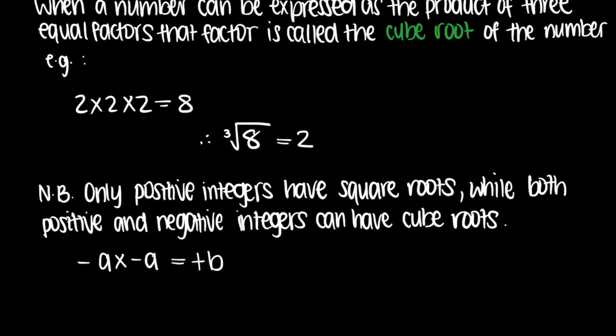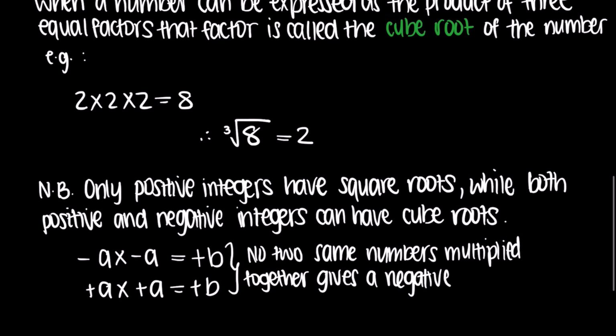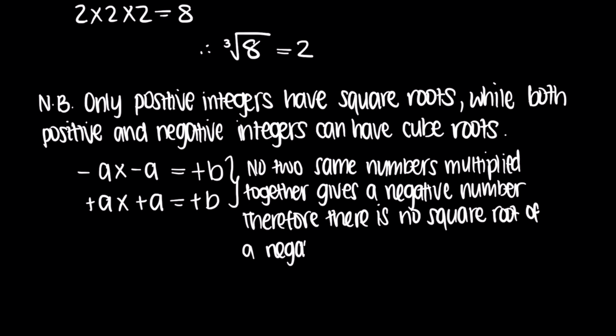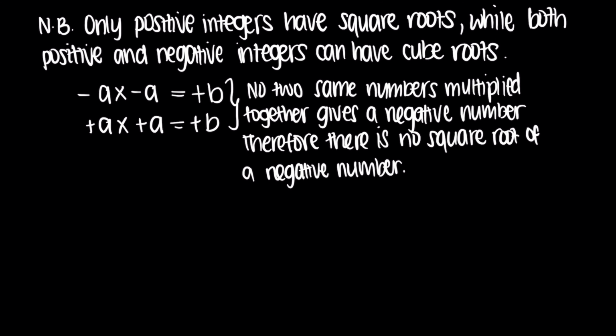Likewise, if we have positive a multiplied by positive a, where positive a is any positive number, then the result is some positive number, let's call it b. This means that no two numbers, where the numbers are the same, of course, multiplied together gives a negative number. Therefore, there is no square root of a negative number.